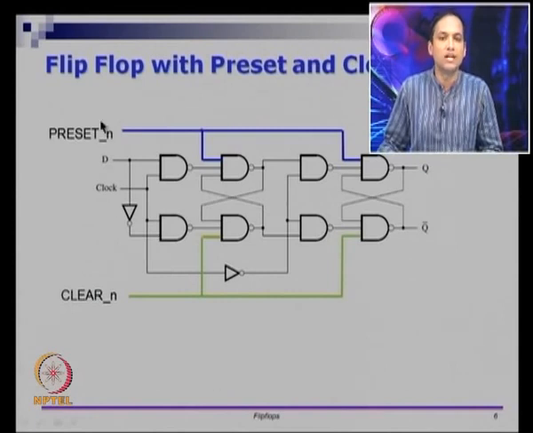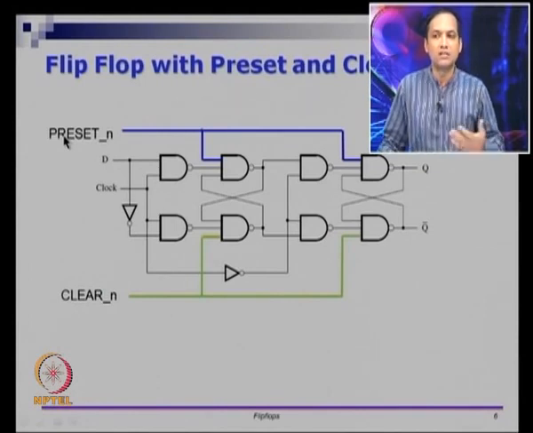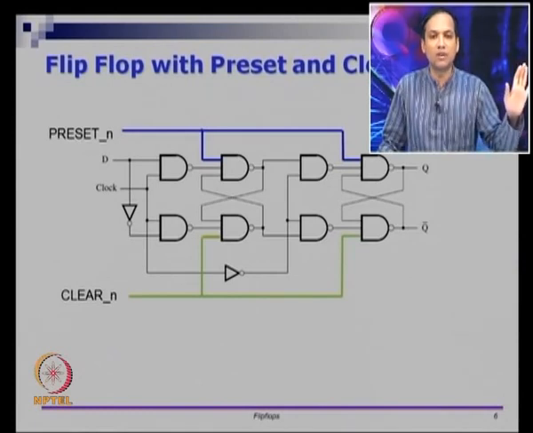Okay. So, now let us see what the preset and clear do. The first thing to notice is that preset is not just preset, it is marked with preset underscore n. So, what we are doing here is what is called negative logic. The word preset means you want the flip flop to be 1 even without data input.